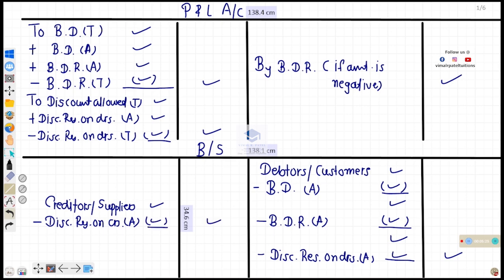It will appear on the credit side of P&L account. By discount received or discount earned given in trial balance, plus discount reserve on creditors, that is of adjustment.